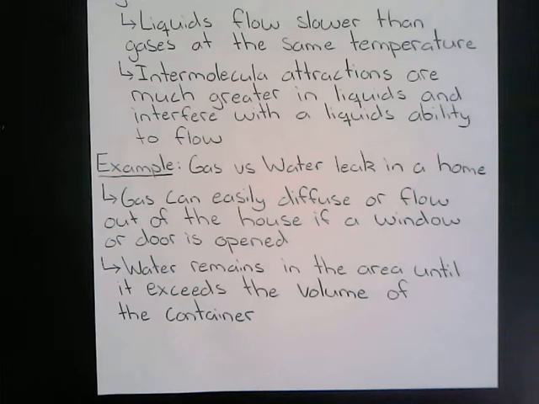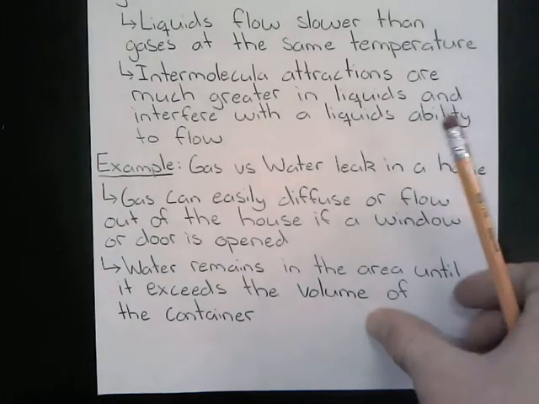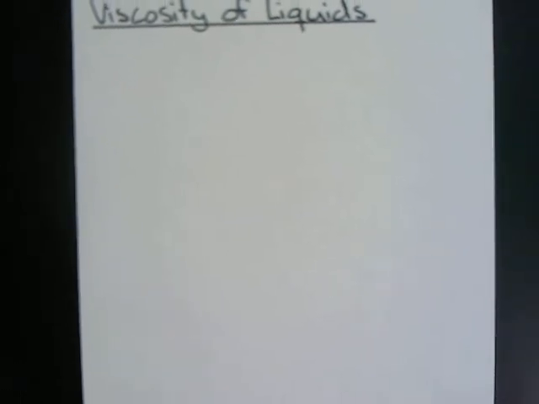Now we can move on to yet another property of our liquids, and that is known as the viscosity. Now, the viscosity is defined as a measure of the resistance of a liquid to flow.